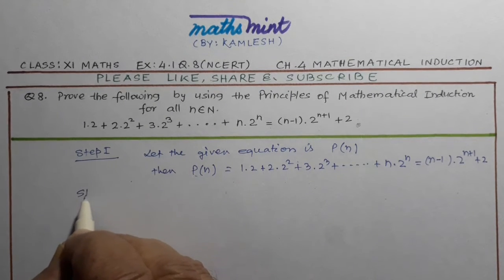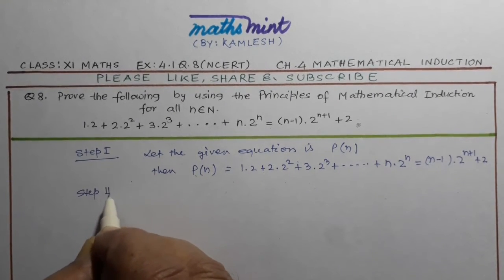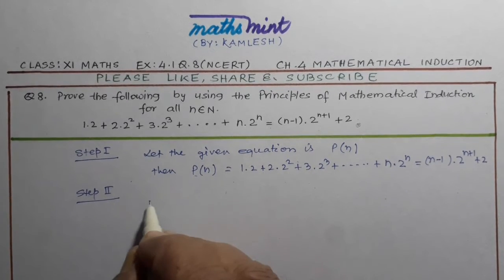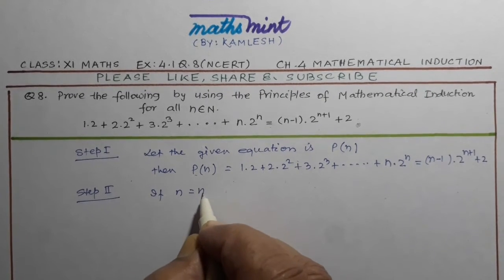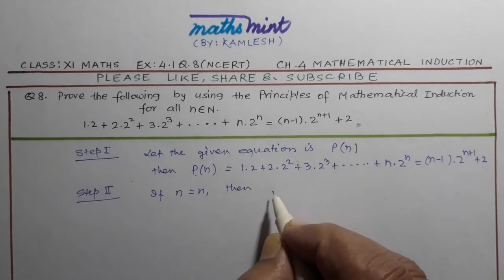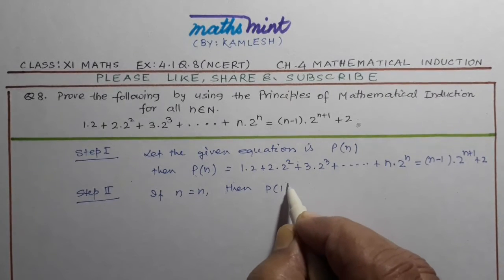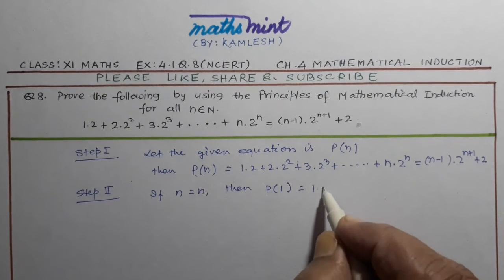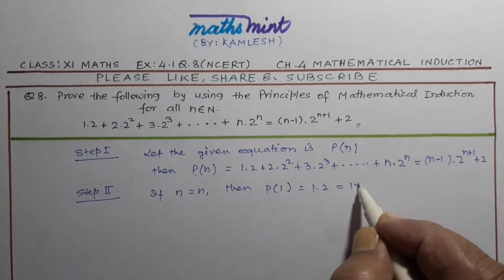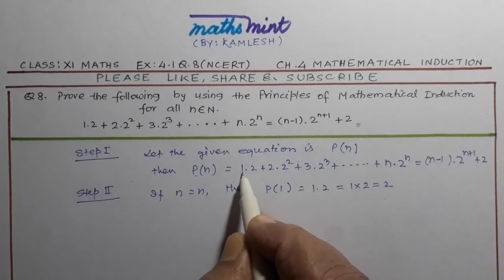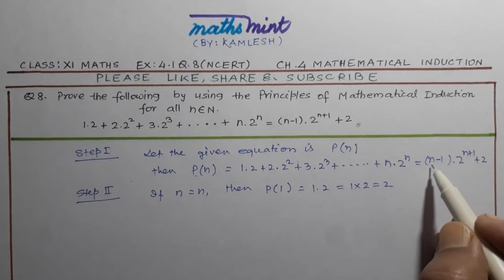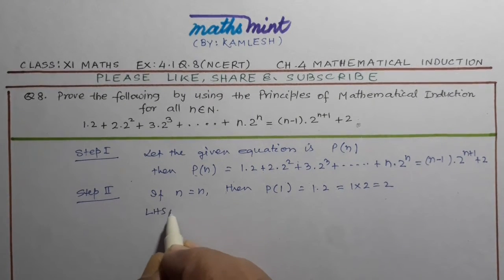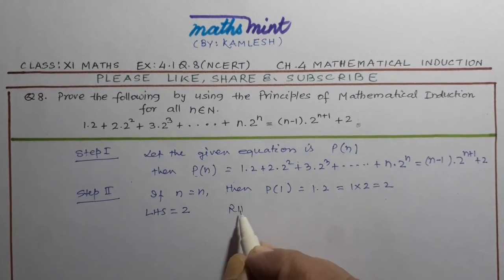In the second step, step 2, we let n be 1. So P(1): the first term 1·2 means 1 into 2, equal to 2. So LHS will be 2, and RHS will be (n−1)·2^(n+1) + 2.